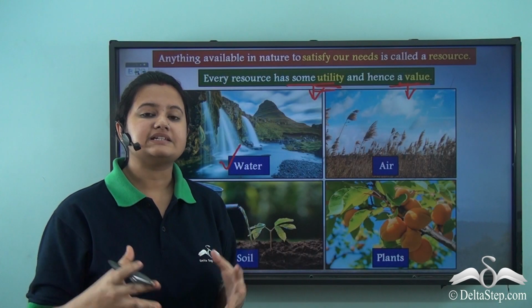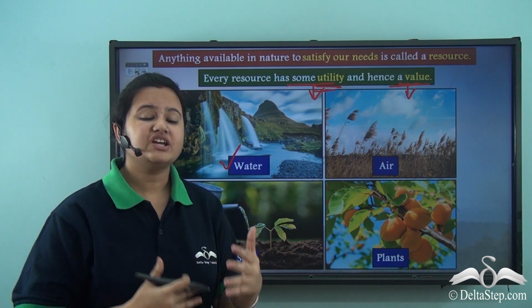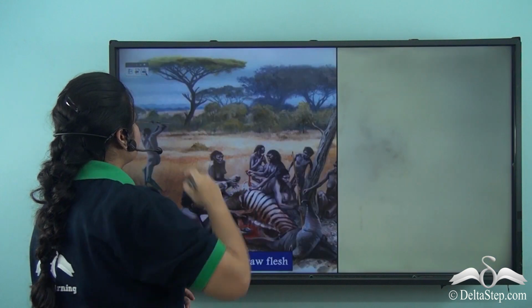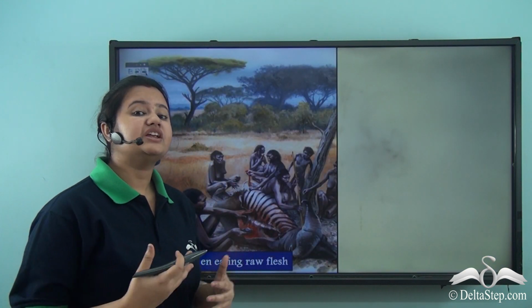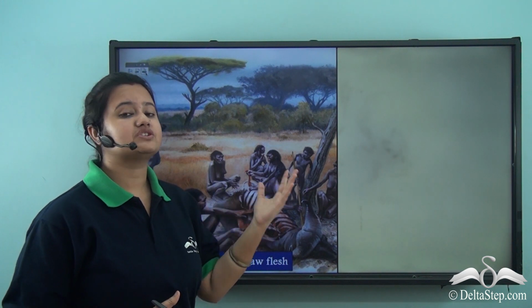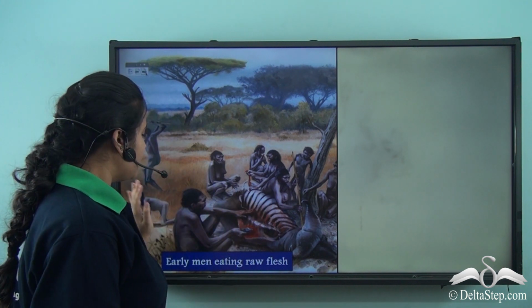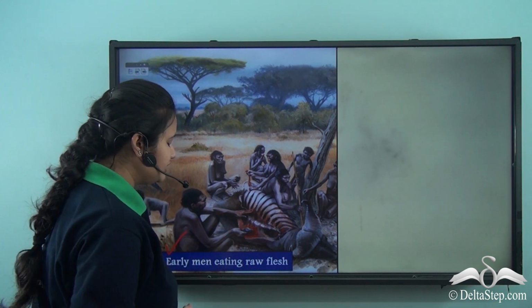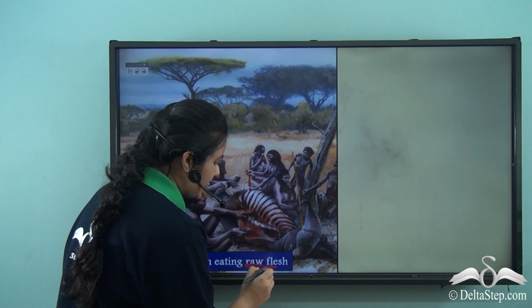Now, the utility and value of a resource changes with time. Let us understand how. We just learned that resources have been used by men since prehistoric times. In this picture, we find that early men are feeding on raw flesh and meat.